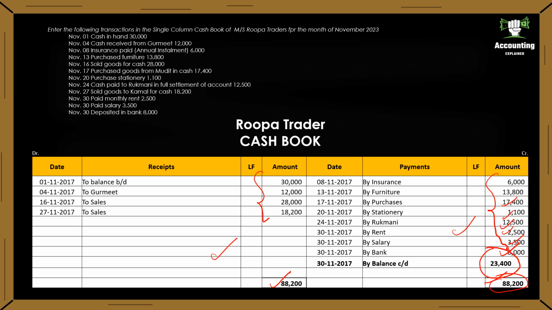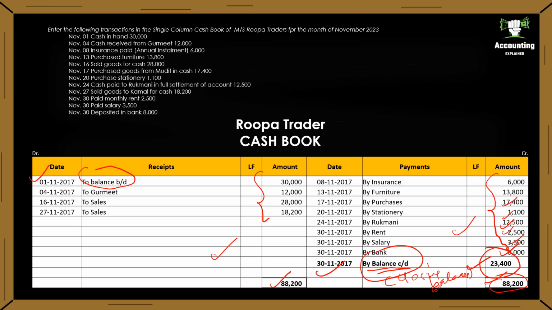So on 30/11/2017, you are going to write By Balance Carried Down 23,400. Okay, this is your closing balance. See, your closing balance is on the credit side when you balance it. On taking this closing balance to the first of the next month, it is what your balance was on 1st of the month.